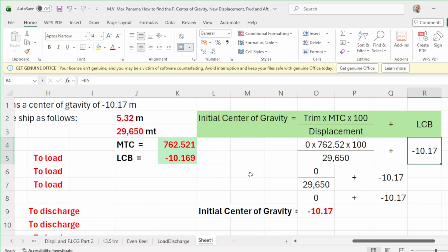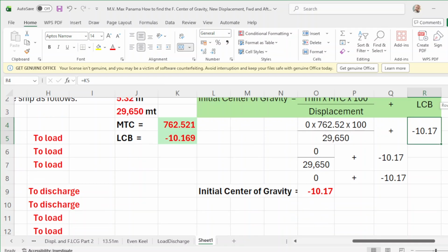LCB is 10.17. Okay, so multiply all these things, that will be 0 over your displacement plus your LCB. So divide this one, that will be 0 plus your LCB, so the initial center of gravity is negative 10.17, which is this one. Okay, I hope that's clear.